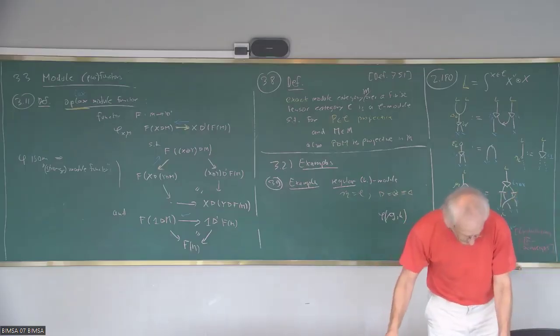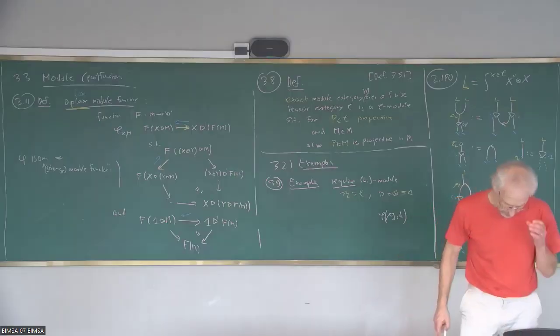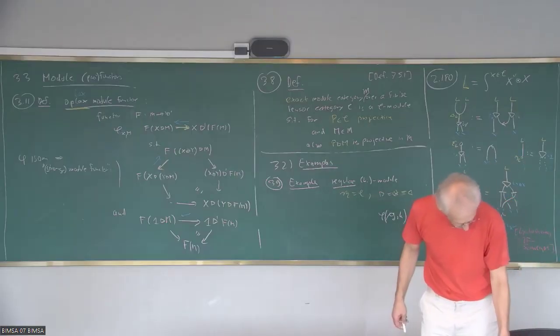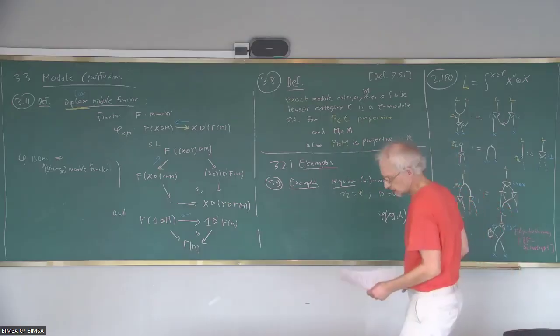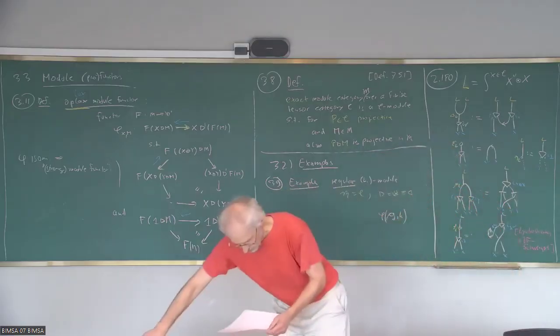Even if the module functor is strong, it need not admit joints. That is an interesting side remark.